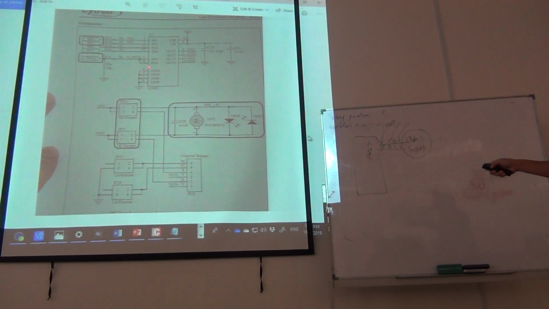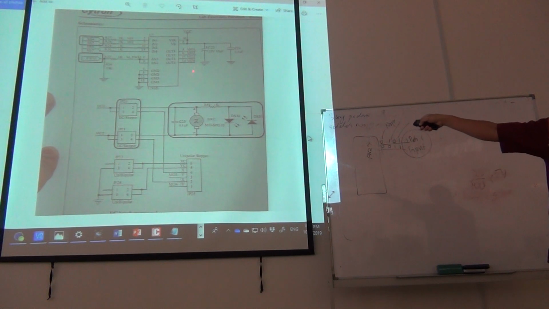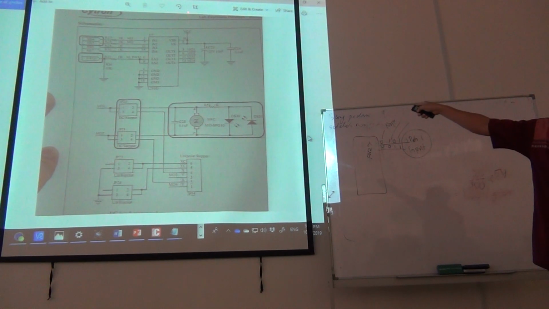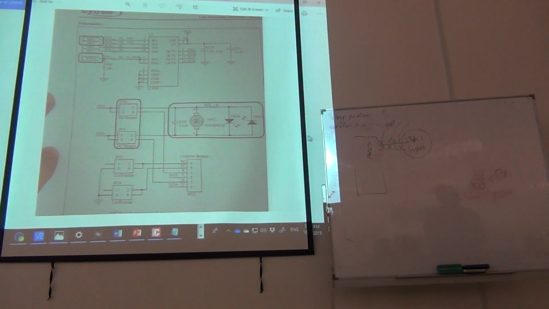Right? Now what else do I need to tell you guys? VSS. Okay, for this example, for this motor, you can see that VSS and VS have the same value for VCC. This is considered 5 volts, right? So it means that your motor is operated at 5 volts.